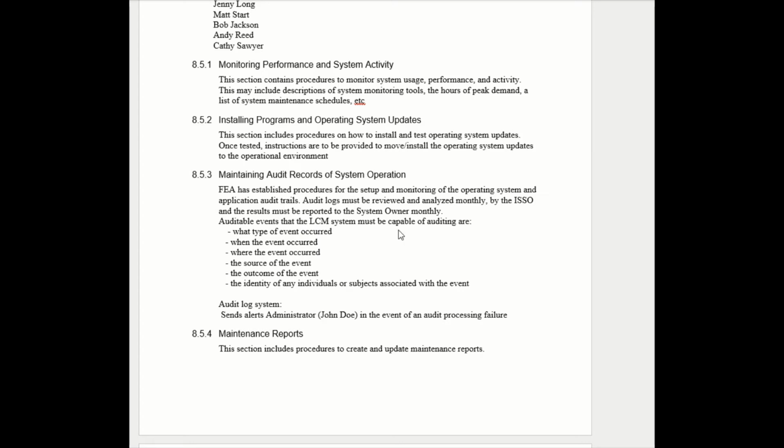Okay, and then here are some of the events that would be captured in the audit logs. So this will be the first piece of evidence you would request, and look to see that these items have been documented within the procedure document.